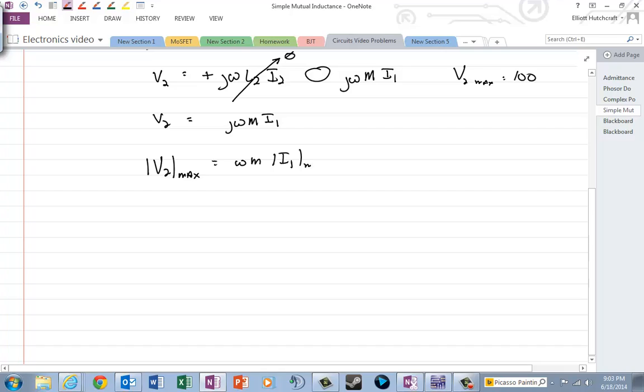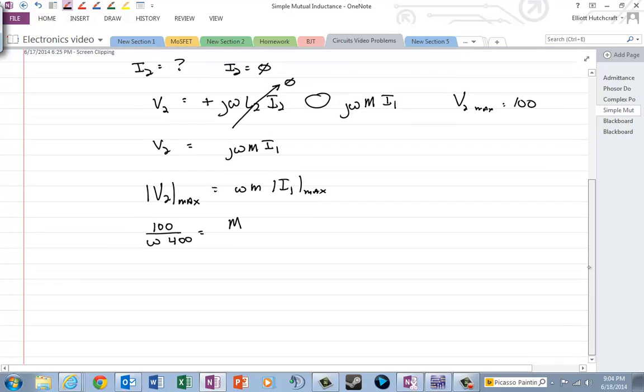And so we've got 100 over omega times 400 is equal to M, the mutual inductance.